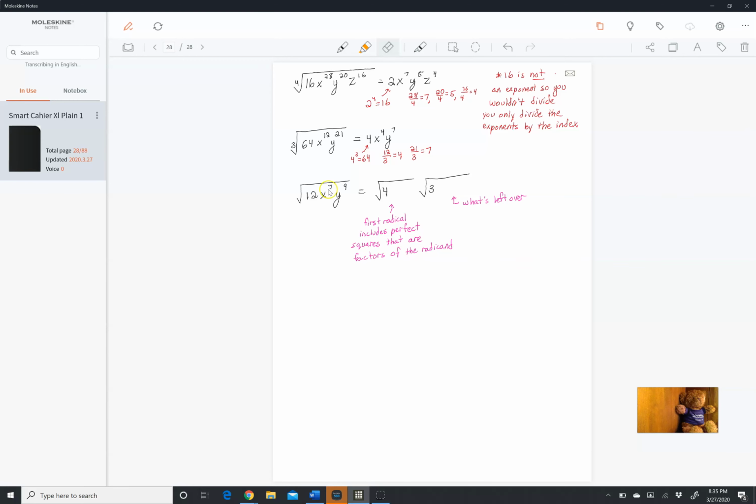But 6 is divisible by 2, so we're going down. We start at the exponent, and then we go down by 1. 6 is divisible. So because 6 is divisible by 2, by the index, we're going to put it under the first radical. We put in x to the 6th.